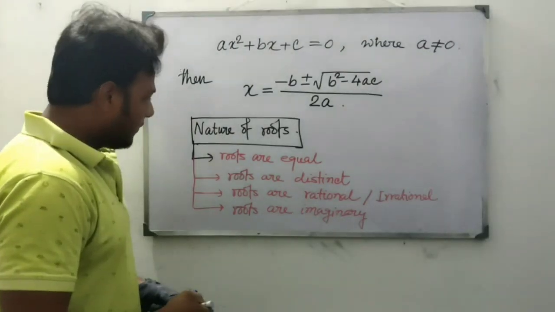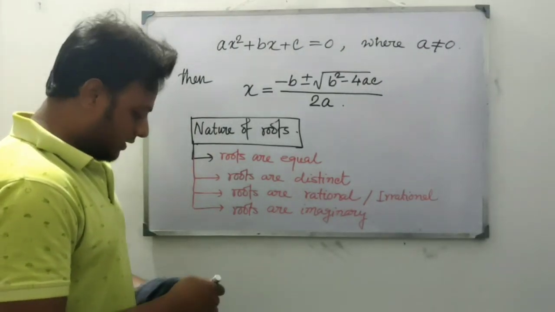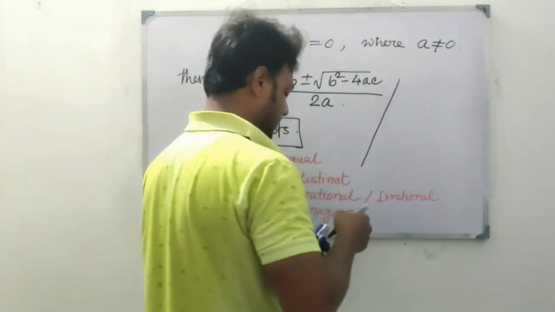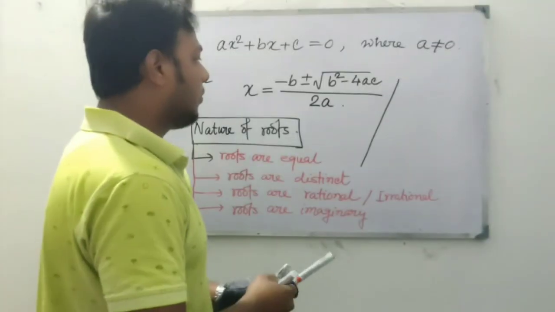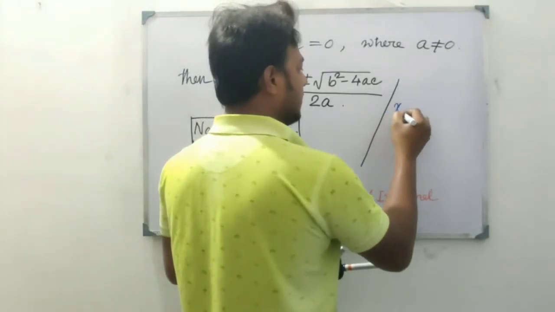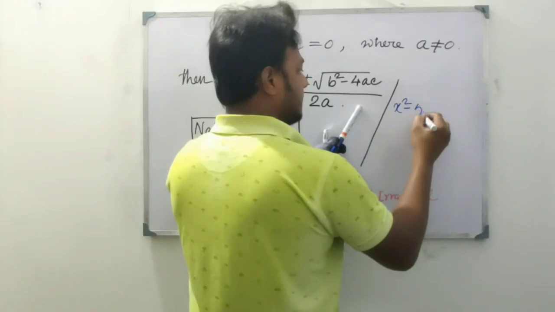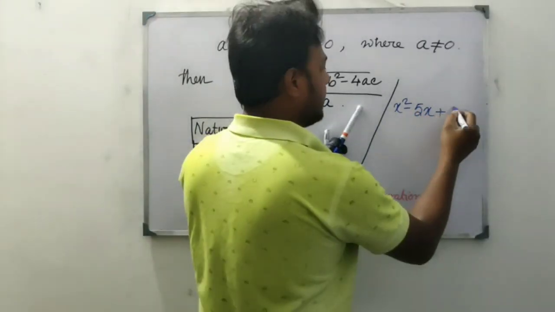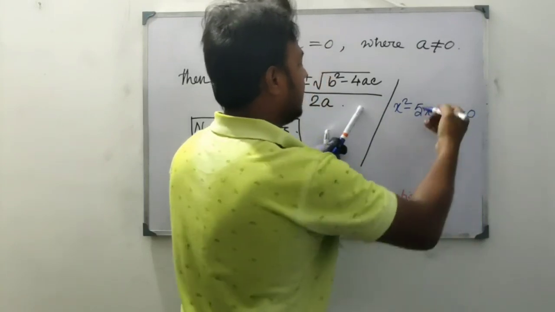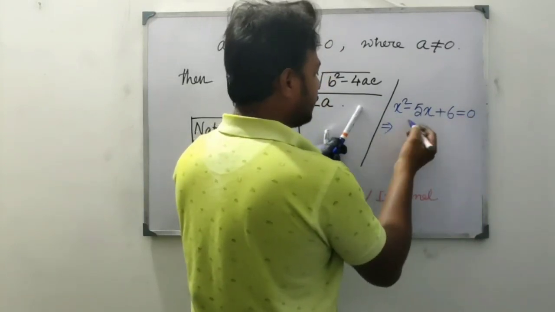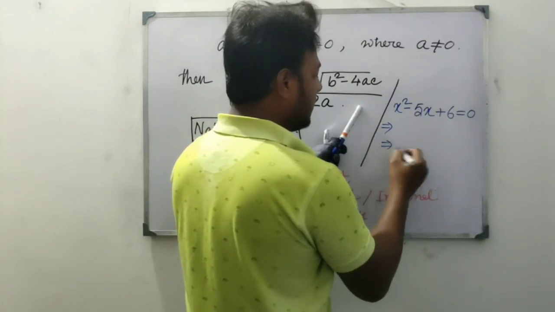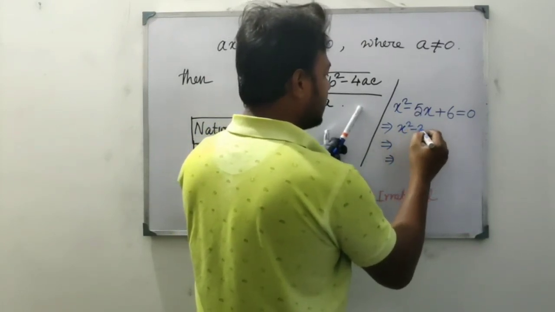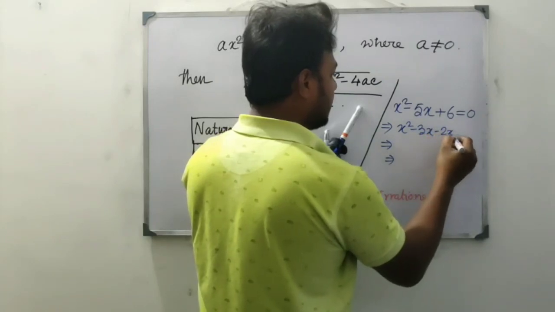So suppose I am considering an example, a quadratic equation x square minus 5x plus 6 equals to 0. After solving you will get the roots. I am solving by factorization: x square minus 3x minus 2x plus 6 equals to 0.